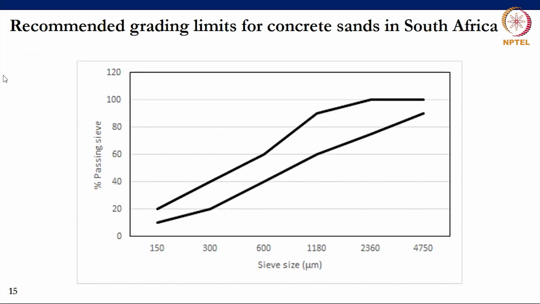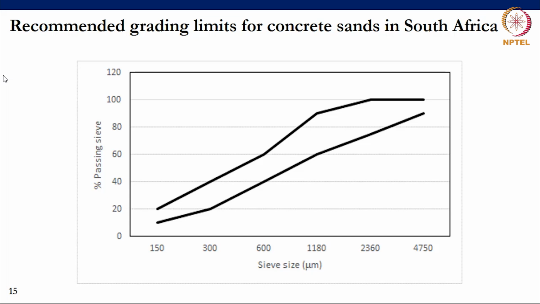Here, I just wanted to give you a sense of the grading limits for aggregate sands. These would be the grading limits in the South African recommendations for concrete sands. And these set the upper and lower limits of grading for concrete sands to be used in South Africa.